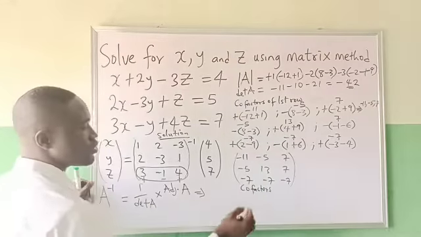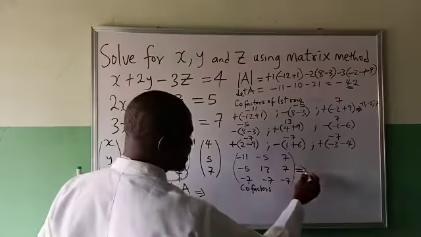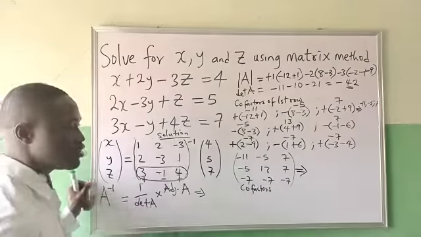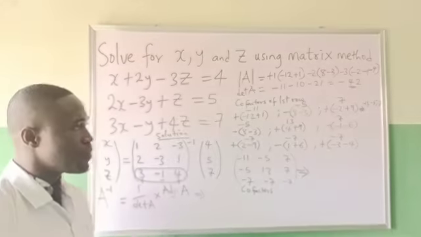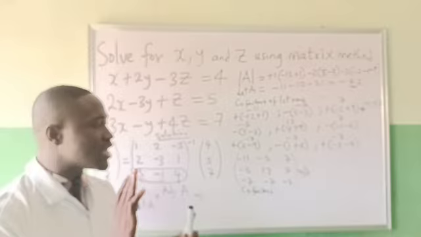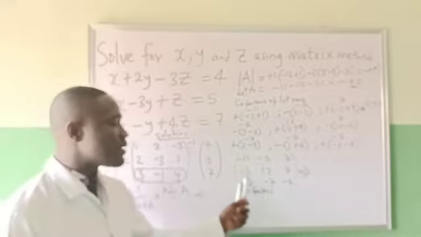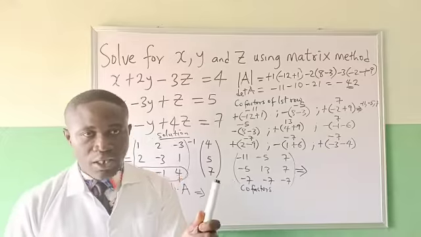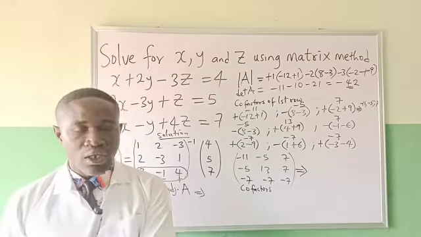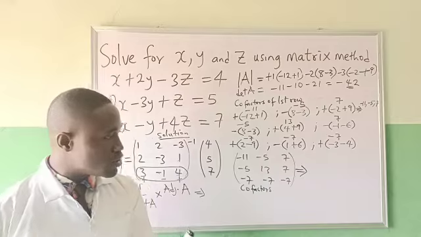Then to finally get your adjoint of A, we are to transpose the cofactors we got. Transposition of a 3 by 3 matrix simply means carry the row, call it the column.